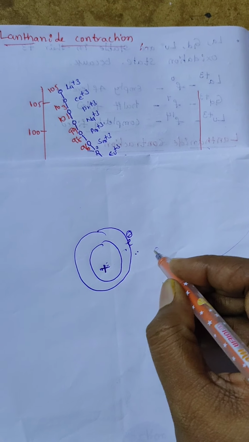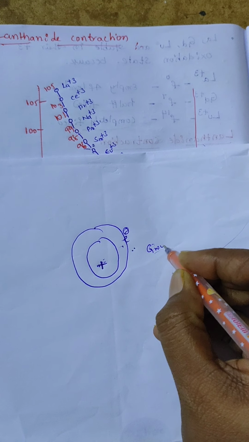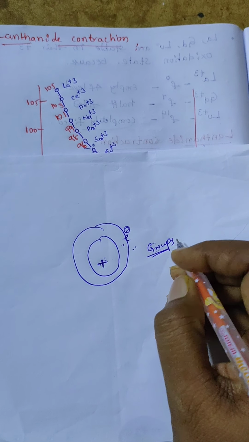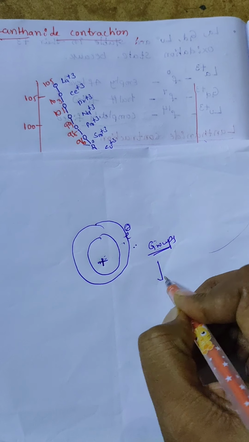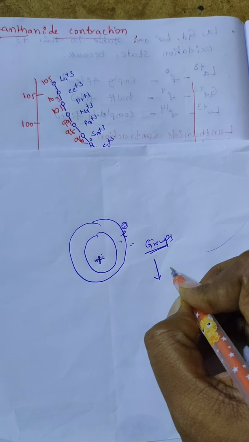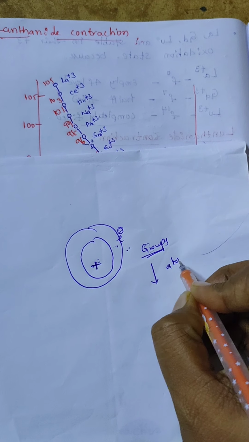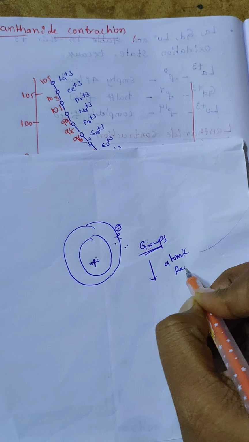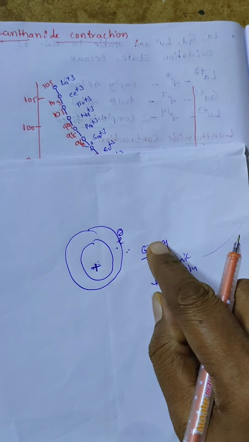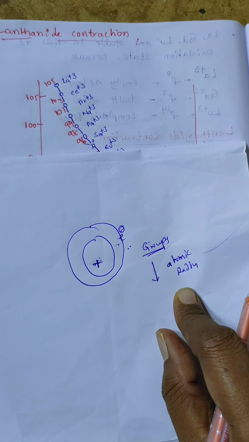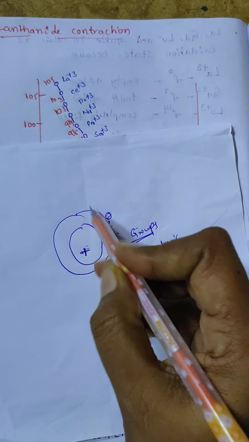In periodic table groups, from top to bottom, atomic radius increases because the number of orbits or shells increases.